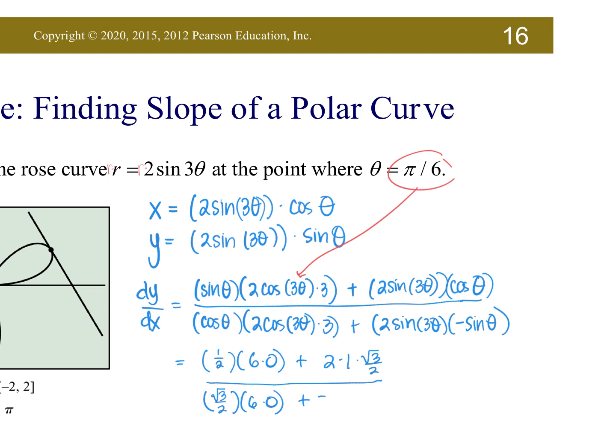Then I'm going to have negative 2 times the sine of pi 6ths, which is 1/2, and then times the sine of pi halves, which is 1. So it did simplify quite a bit for me by wiping out those zeros.